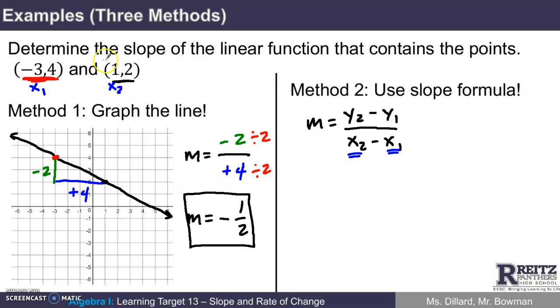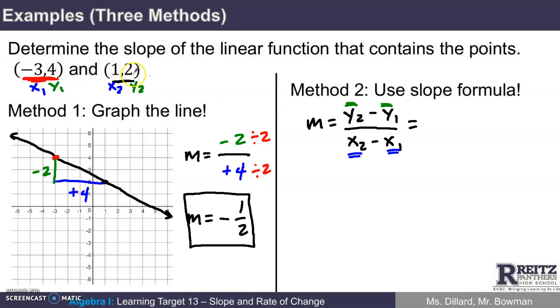Make sure you use the first value in each ordered pair. The 2 y values are the second number. To calculate the slope using the slope formula, I just need to replace each of these values with the values that I've assigned them.